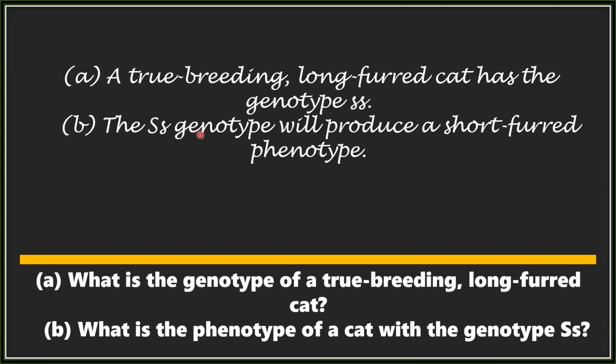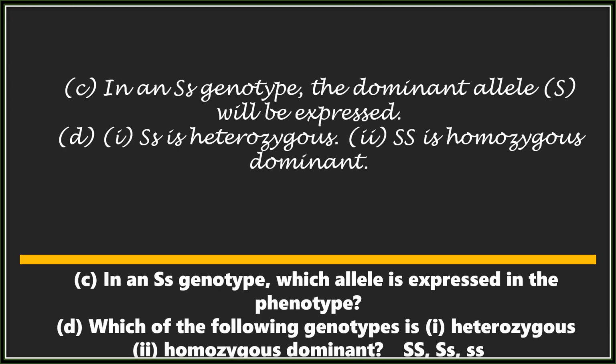The capital S, small s genotype will produce a short-furred phenotype. In a capital S, small s genotype, which allele is expressed in the phenotype? The dominant allele, capital S, will be expressed.